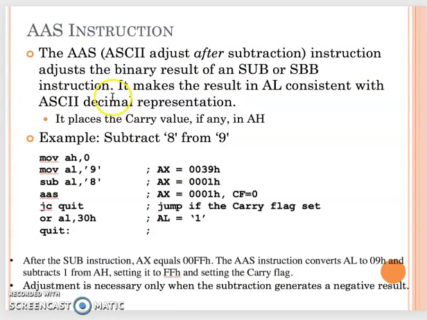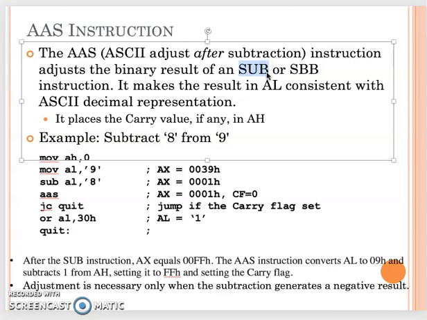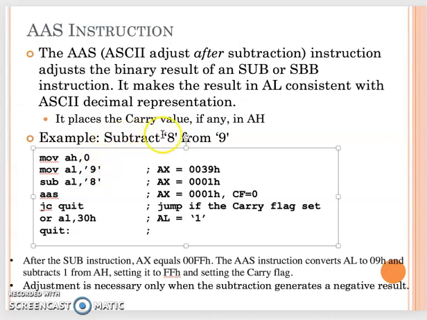The next one is AAS. For any subtraction, you can do the SUB or SBB. The same thing: if I want to subtract 8 from 9, we clear AH first, and AL equals 9.